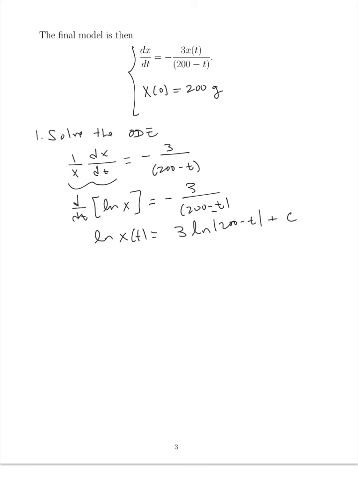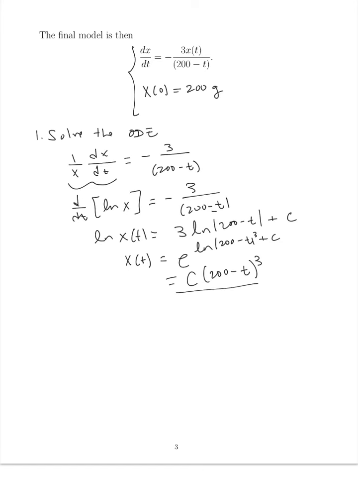And so we can exponentiate both sides and get e to the natural log of 200 minus t cubed plus a constant, which is just a constant times 200 minus t cubed, because the constant is allowed to be positive or negative, so we can get rid of the absolute value sign.